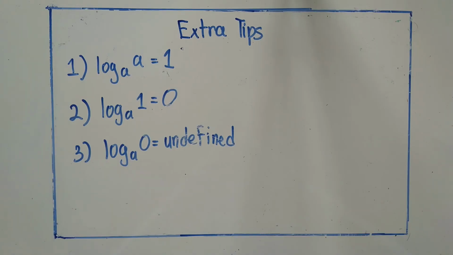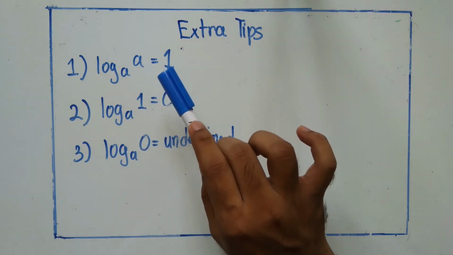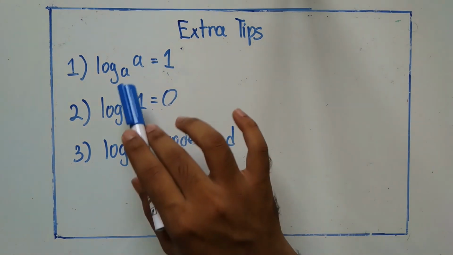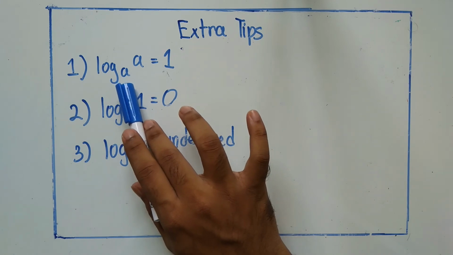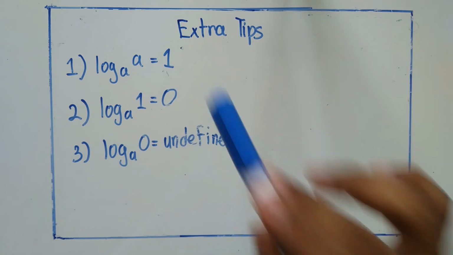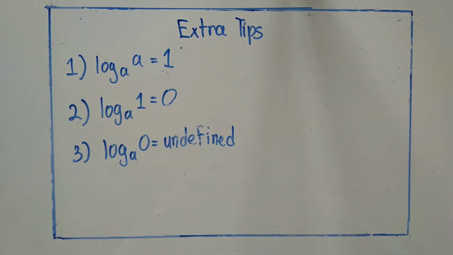Here are some extra tips for you to follow. In the first case, we have log a of a equals 1, which means that if you have a base number equal to the value on top, it will always equal 1. Why?